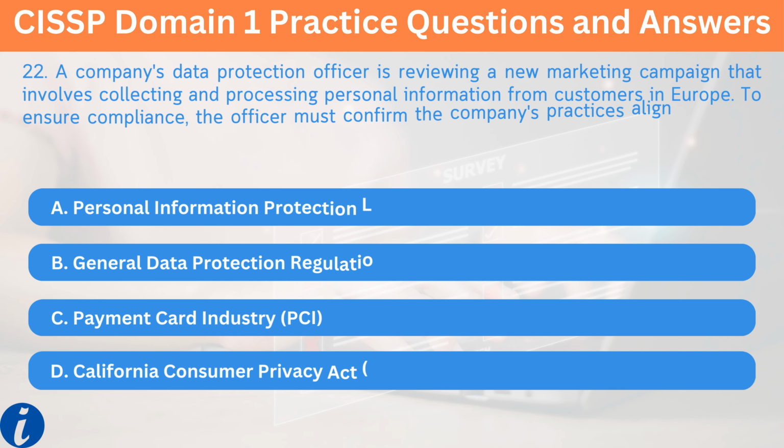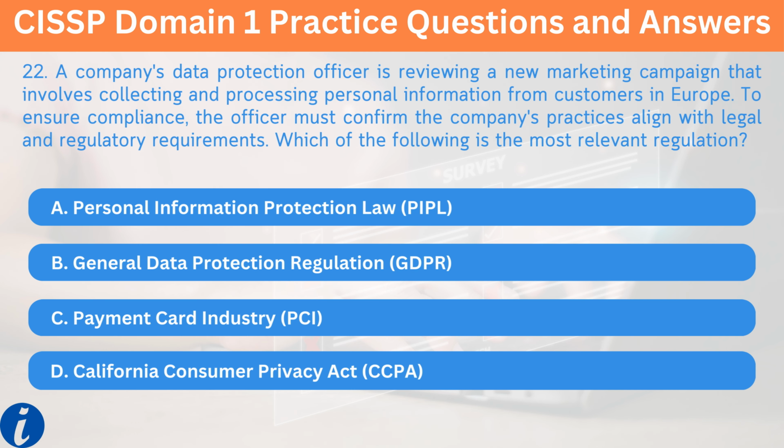22. A company's data protection officer is reviewing a new marketing campaign that involves collecting and processing personal information from customers in Europe. To ensure compliance, the officer must confirm the company's practices align with legal and regulatory requirements. Which of the following is the most relevant regulation? A. Personal Information Protection Law, PIPL. B. General Data Protection Regulation, GDPR. C. Payment Card Industry, PCI. D. California Consumer Privacy Act, CCPA.